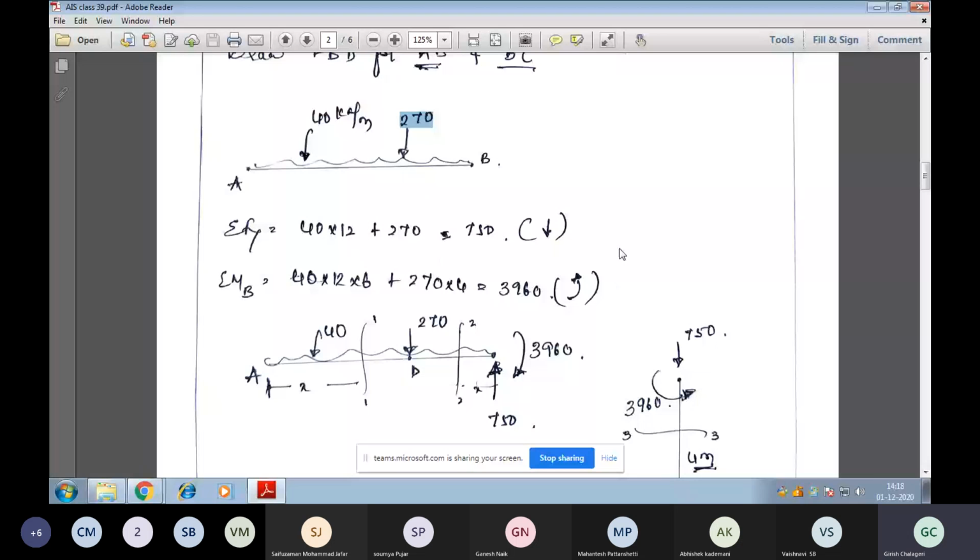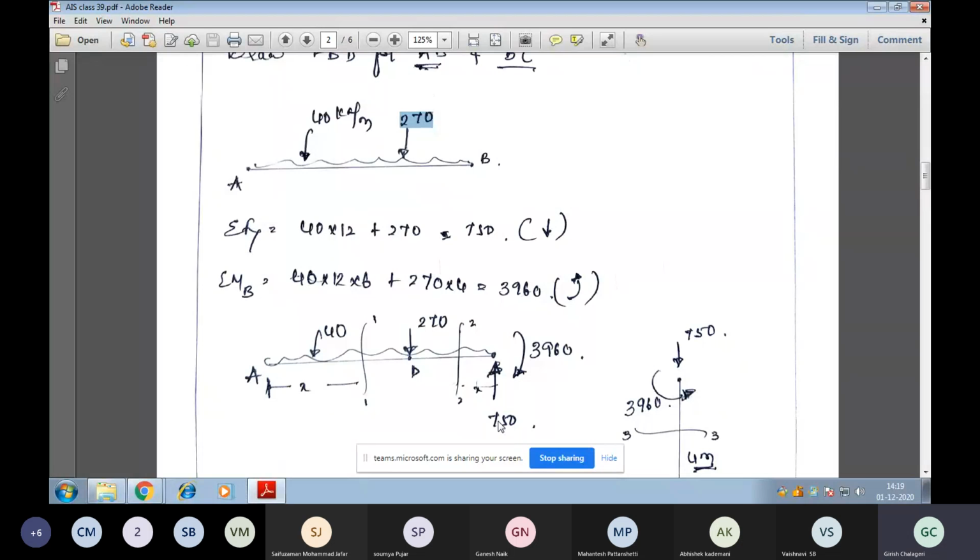That's what we can see in the diagram here: AB with the UDL and the point load. As I told, the vertical load is 40 into 12 plus 270, 750 is the downward force. So keep it in mind. An upward force of 750 will be generated at the B joint to make the beam stable.